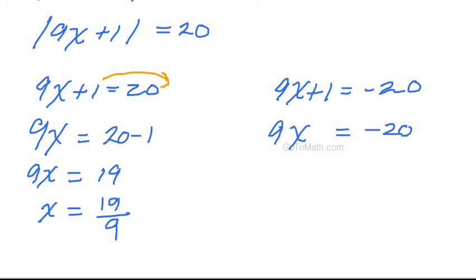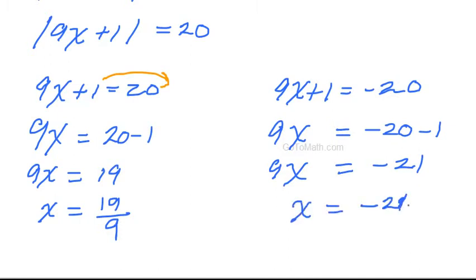We have negative 20, bring in the 1 over to the right, becomes minus 1. And so now we have 9x is equal to negative 21. And of course, just take that 9 diagonally down. Negative 21 divided by 9, and the question is, will that simplify down, reduce down any?